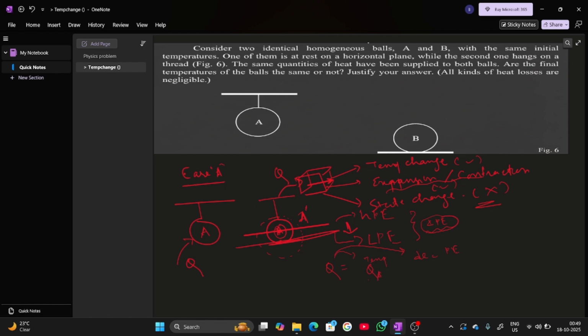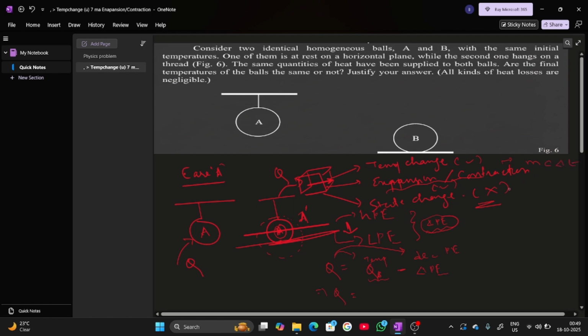So I can say Q_A equals the part of Q which changes the temperature minus the part which decreases the potential energy. For temperature change we use mc delta T. For expansion, we are considering linear expansion of the center of mass.